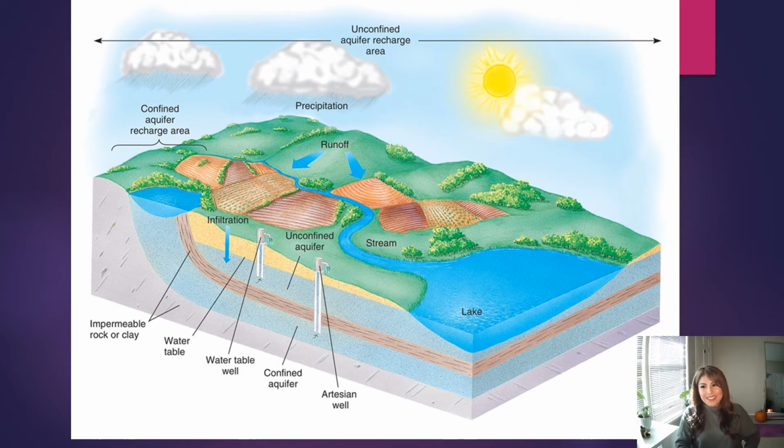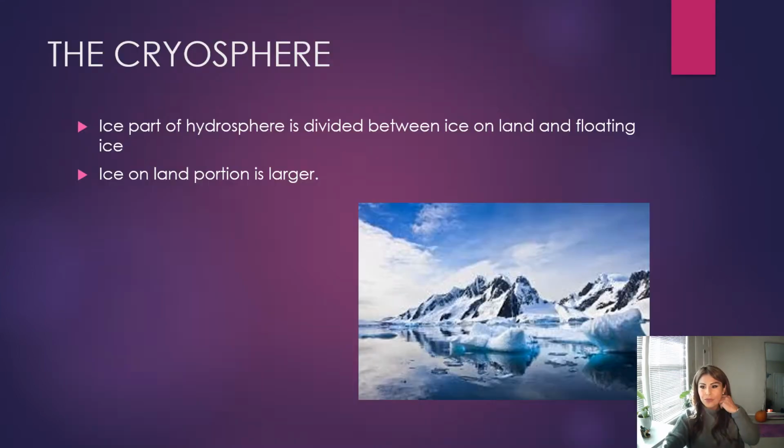And we know that we're not using it in the same time frame. We are in desperate need for water, so of course we're overusing these aquifers. The recharge of these aquifers is particularly slow, especially these confined aquifers.